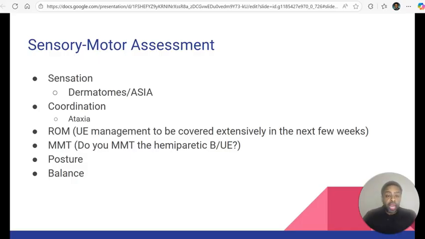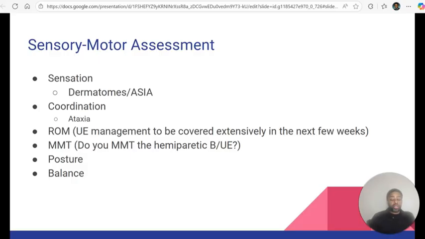The ASIA scale, as I talked about earlier, allows us to determine the severity of injury, based on the kind of movement patterns that we are seeing and the kind of sensory capacities that are still preserved or intact. Coordination assessment would allow us to determine what kind of movement is intact and how fluid it is.